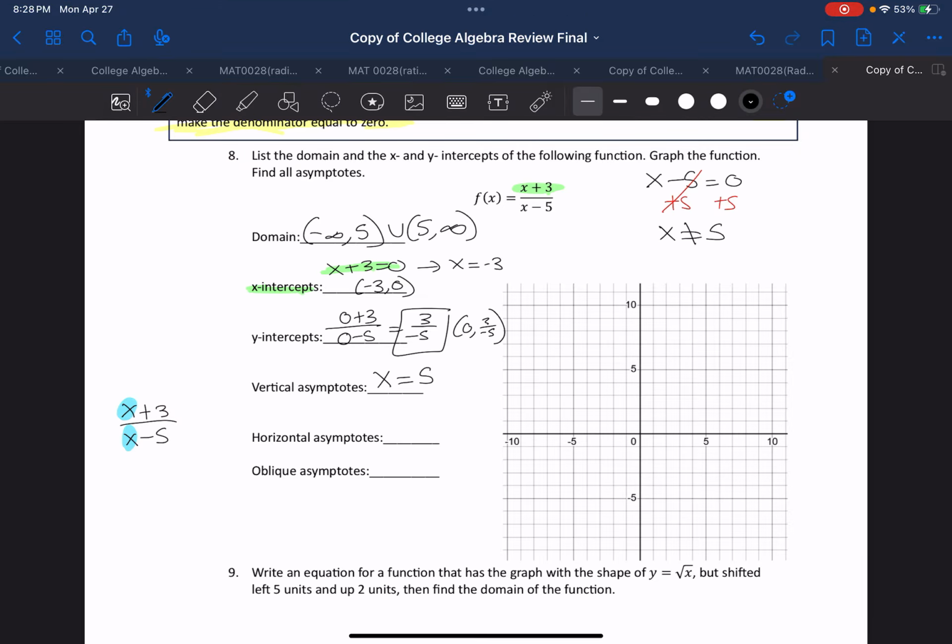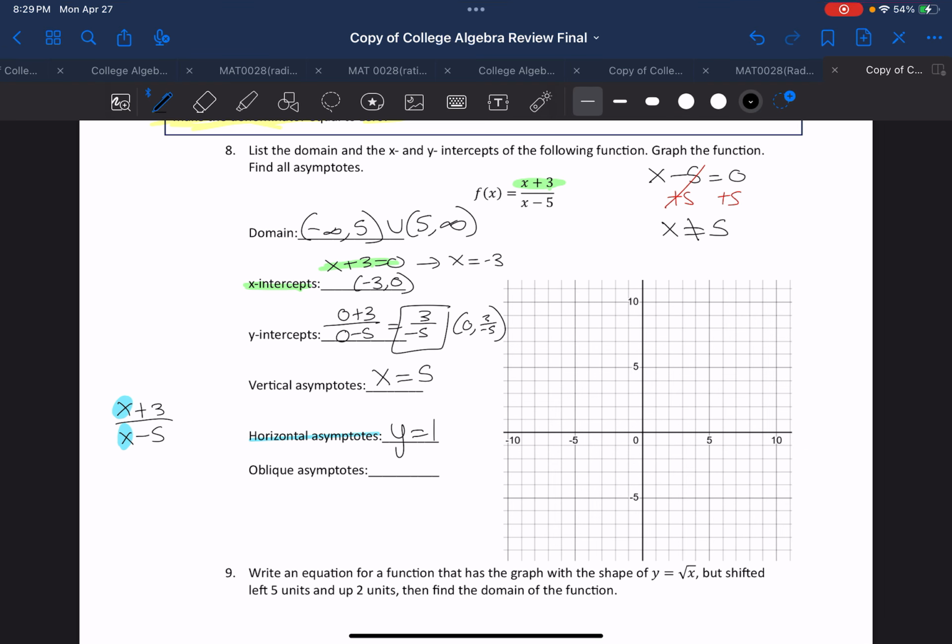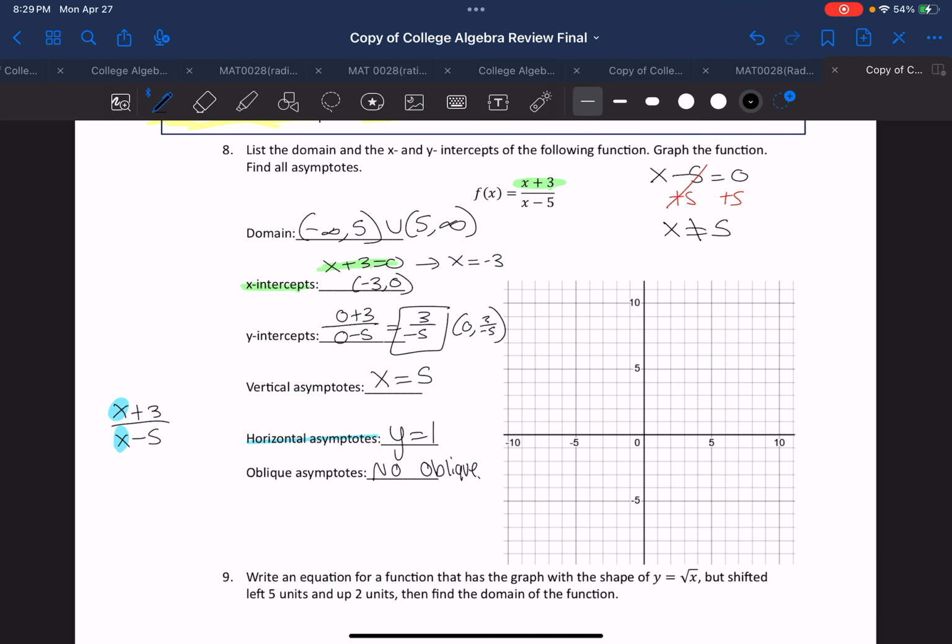So the horizontal asymptote will be the same thing you see right in front of it, which is 1 over 1, which is just 1. So that would be y equals 1. So you can have those 3 rules written on your sheet. And then this graph would have no oblique asymptote, because that only occurs if the degree on the top is 1 more than the degree on the bottom, but these are the same.